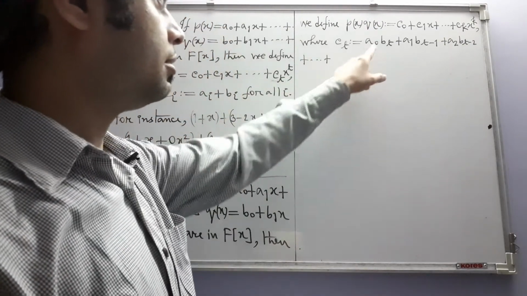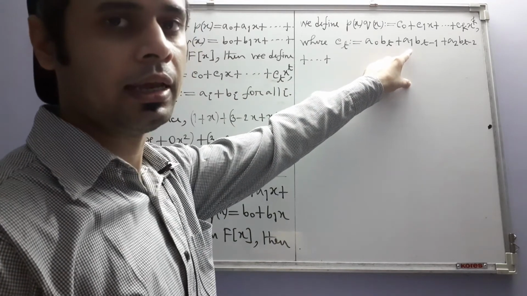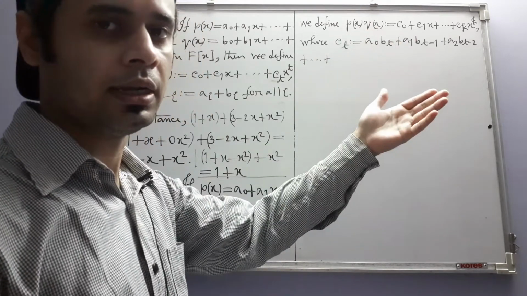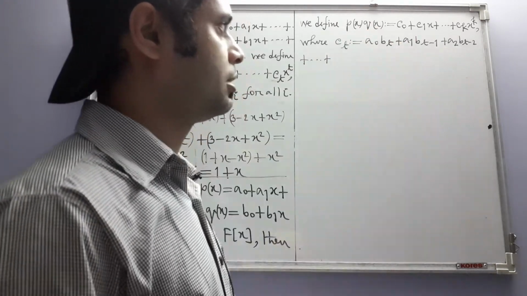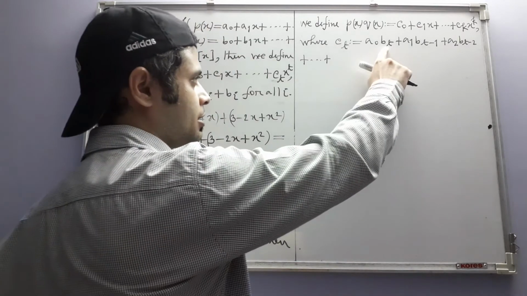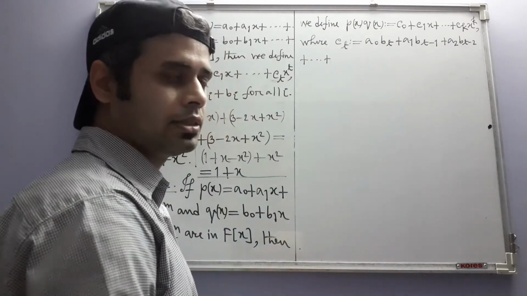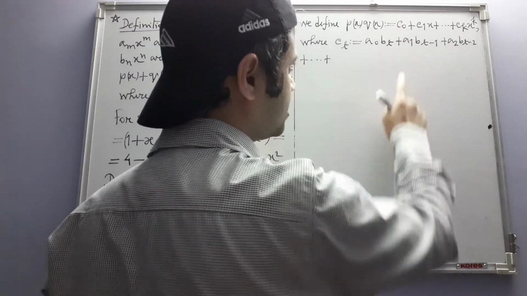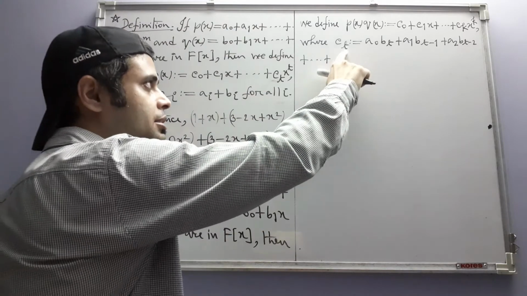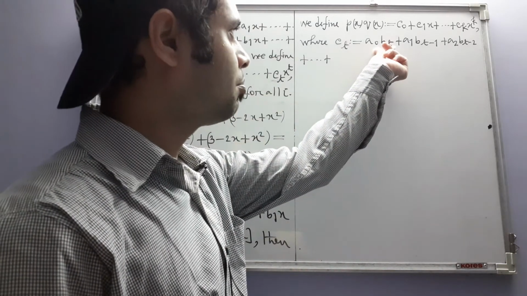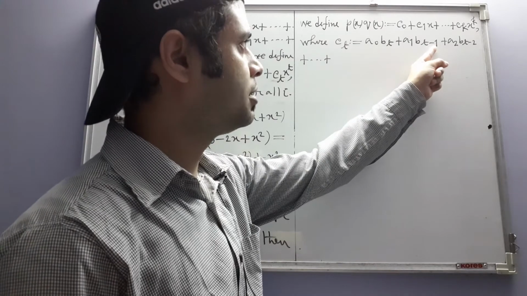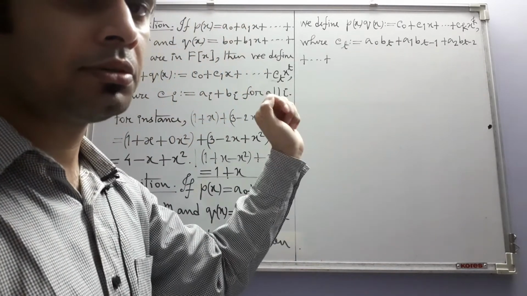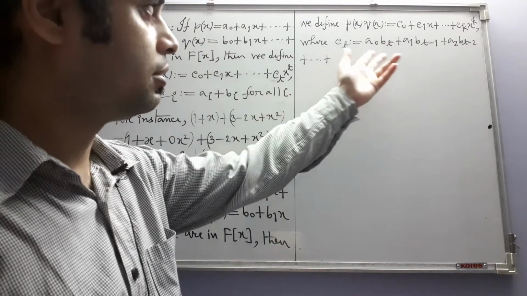So you can see that the suffix of a, a naught, a1, a2, is increasing by 1 every time, 0, 1, 2, etc. Correspondingly the suffixes of the b's are decreasing by 1, so that the sum of the suffixes is equal to this suffix t. 0 plus t is t, 1 plus t minus 1 is t, 2 plus t minus 2 is t. In that fashion we are having the terms in this sum.